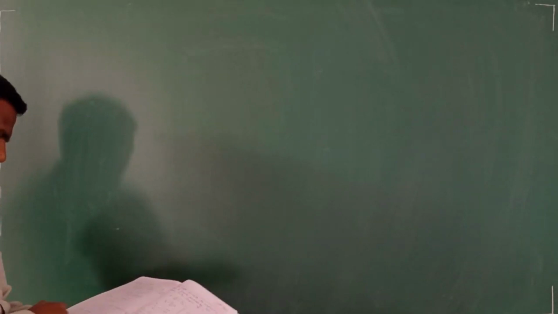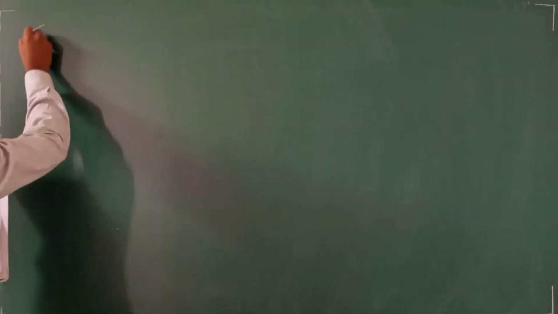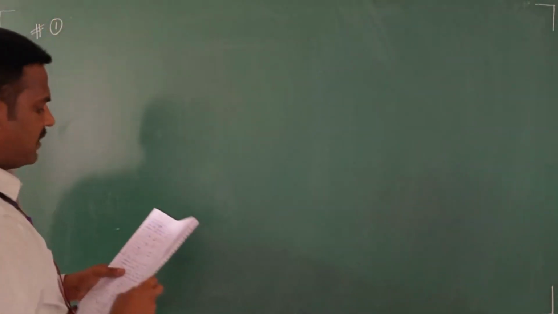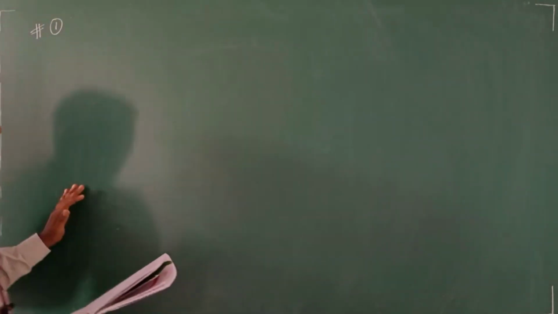Okay, so here is the first sum. The sum is like this. The height at which acceleration due to gravity decreases by 36% of its value on the surface of the earth is the first question.